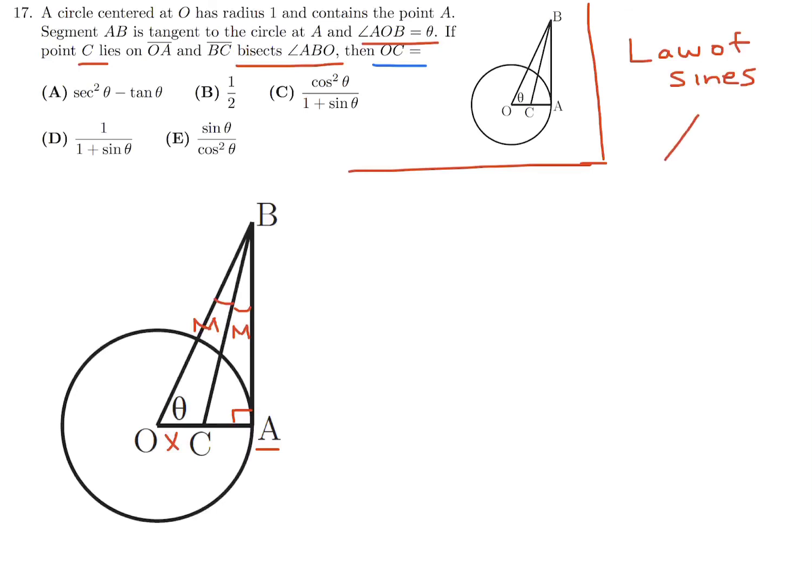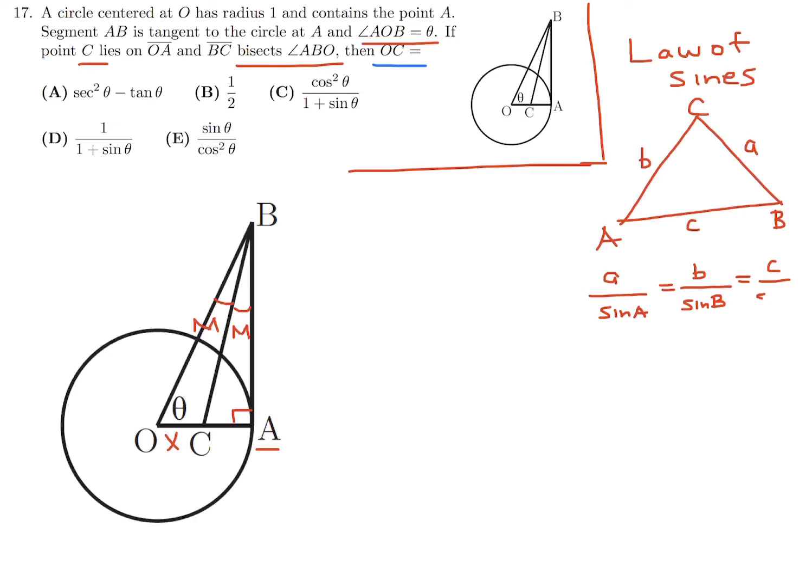The law of sines basically states that if you have a triangle with points A, B, C and sides of lengths a, b, and c, then a over the sine of A is equal to b over the sine of B is equal to c over the sine of C. So a is the length of that side, and this A is this angle. All right? That is something we will have to utilize in this question.